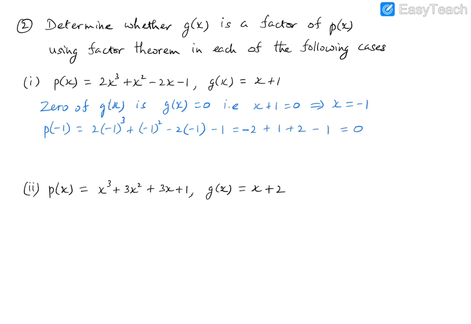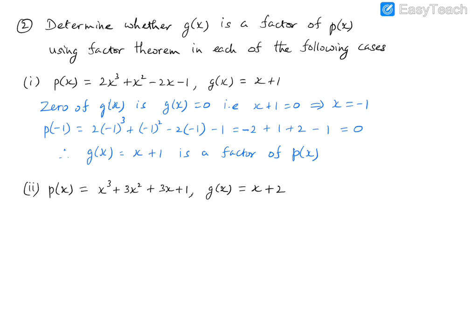So effectively this is equal to 0, and since it is equal to 0, therefore we can say that g of x equals x plus 1 is a factor of p of x.